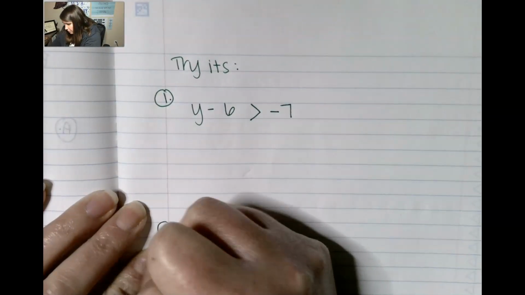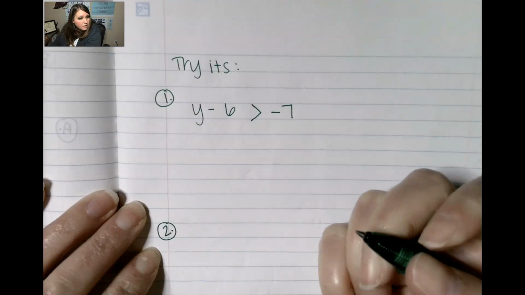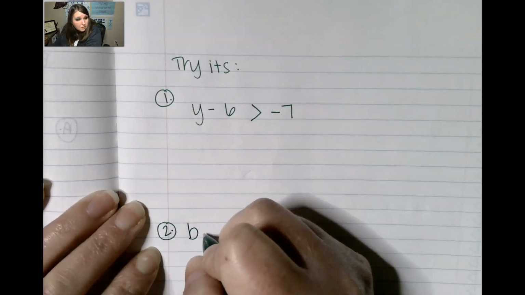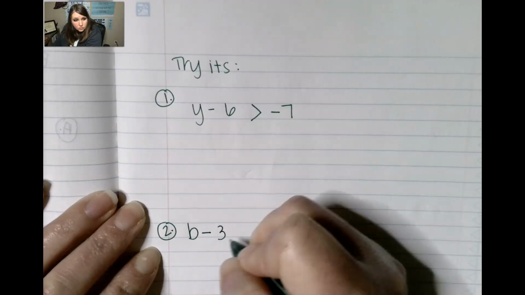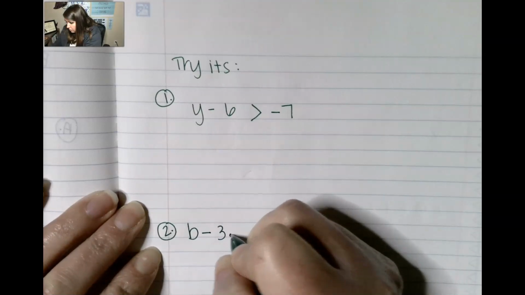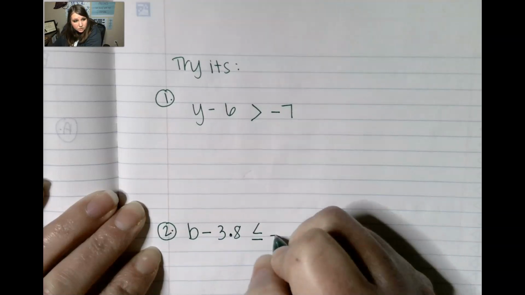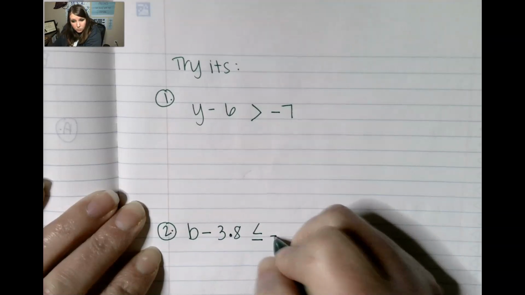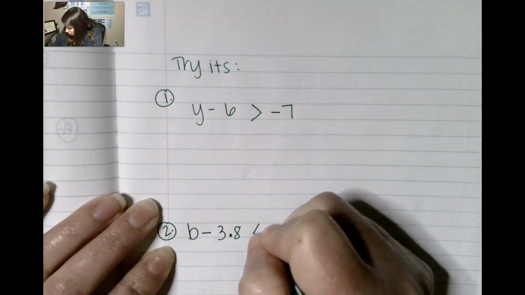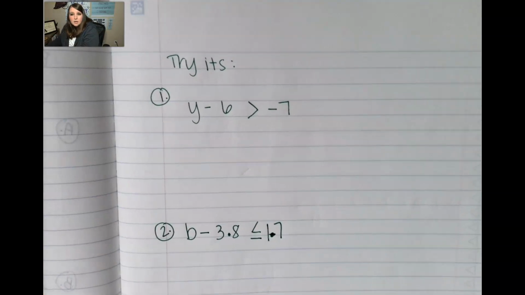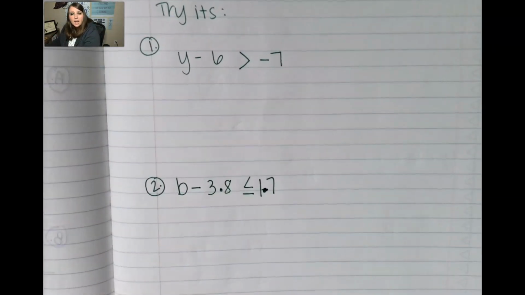And try it number 2 says b minus 3.8 is less than or equal to 1.7. All right, go ahead and do your try it.